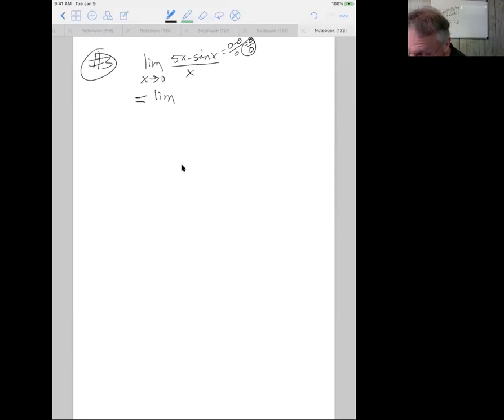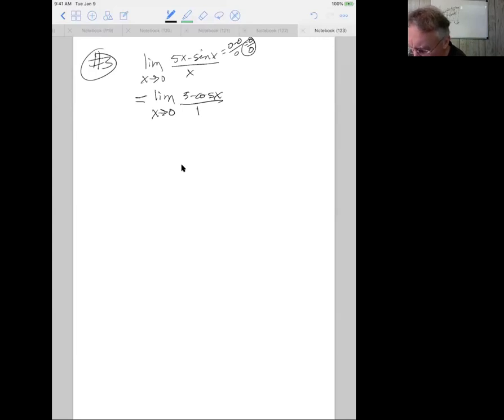This is equal to the limit as x goes to 0, the same limit, but you take the derivative of the top and the derivative of the bottom. A couple of you just said the derivative of the whole thing, and that's wrong. The notation was wrong. The derivative of the whole thing would be the quotient rule. So it's the derivative of the top over the derivative of the bottom, which is going to be 5 minus cos x over 1.